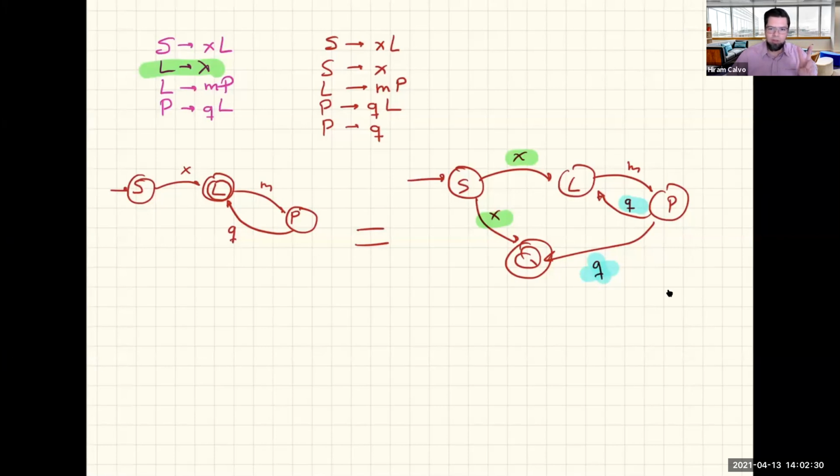Question number 2, which one of the following automata accepts the following language? It can be more than one. There is one language, and then you need to choose which diagram corresponds to it. All diagrams are only of 3 states, so the language is not so complex as well.